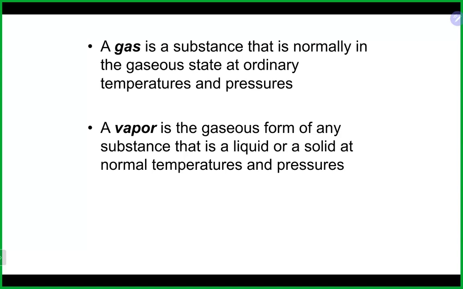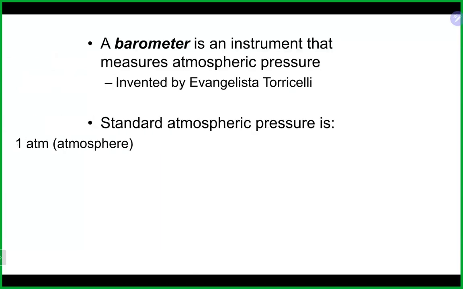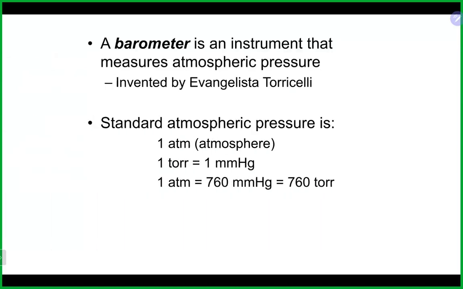Okay, so we're going to continue on here and get into gases a little bit. One of the important properties of a gas is pressure, and pressure is the main property of gases. One instrument that's used to measure pressure is a barometer.